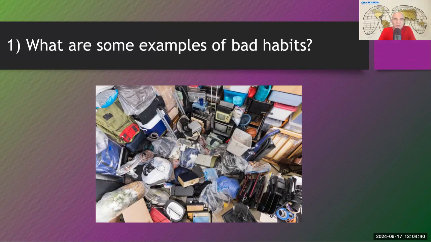And so these are a few examples of what I would consider bad habits. Also, maybe somebody has a bad habit of, for example, eating too much junk food, too much garbage food that is not healthy. That is an example of a bad habit. Okay, so we have several examples of bad habits.